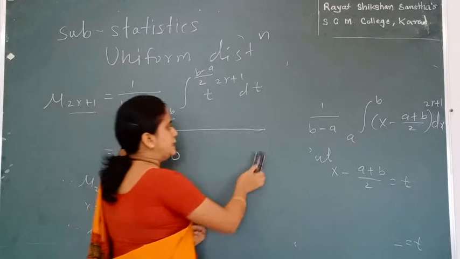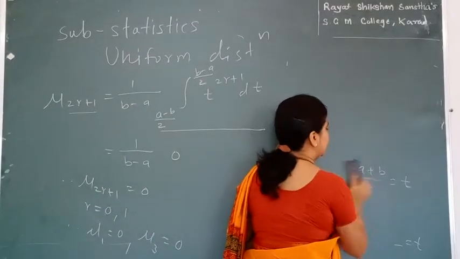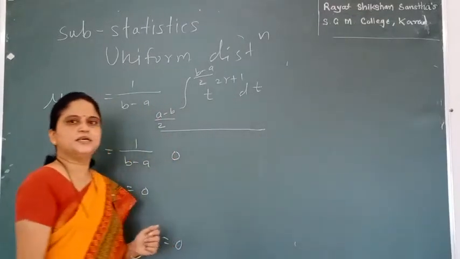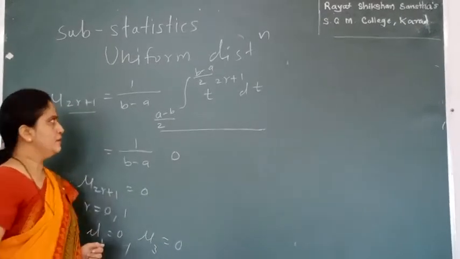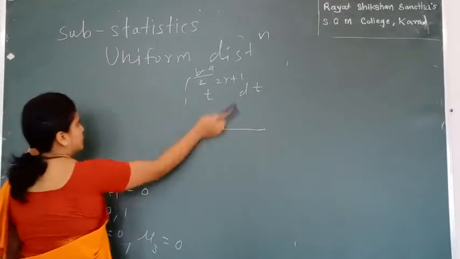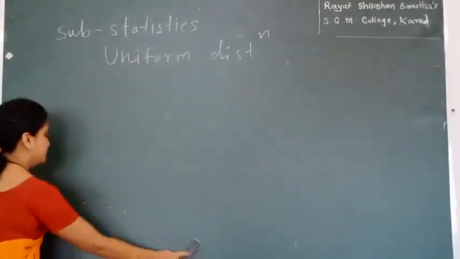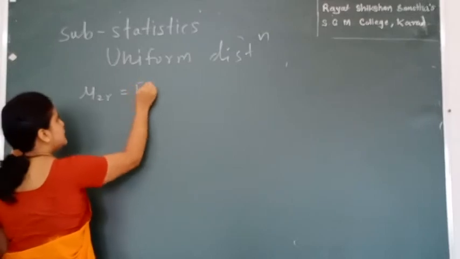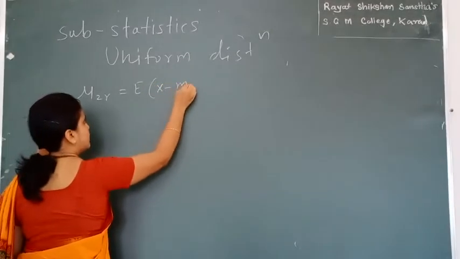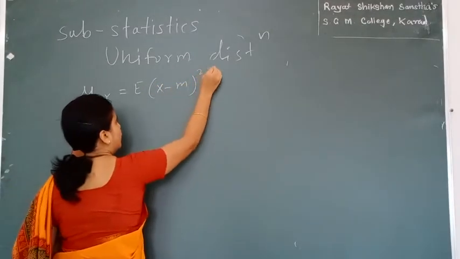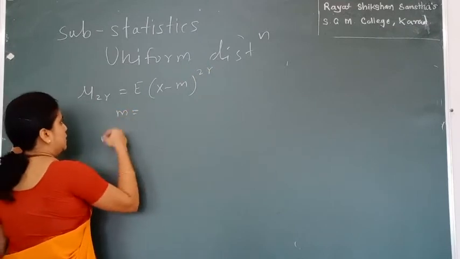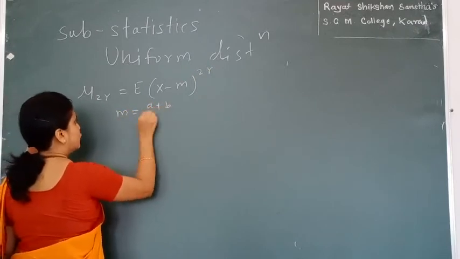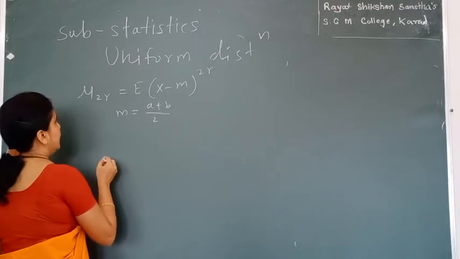Now to find the values of mu 2 and mu 4, that is the even order central moments, we can find mu 2r. Just like mu 2r plus 1, the formula is the expectation of (x minus m) raised to power 2r. As in the previous session, m is (a plus b) by 2.